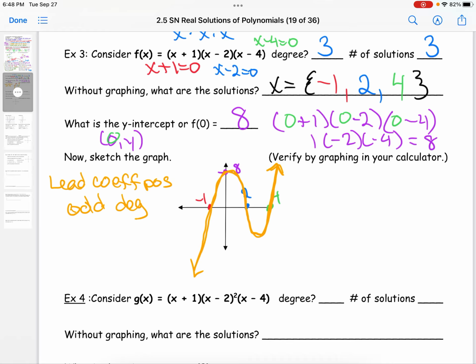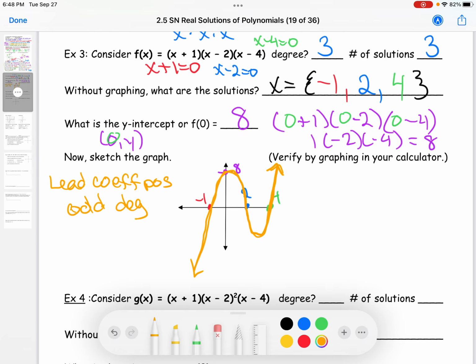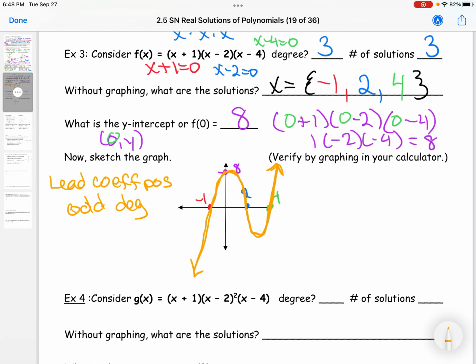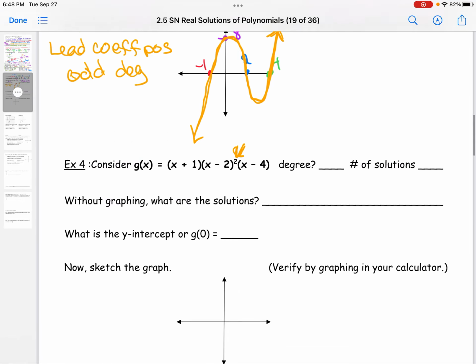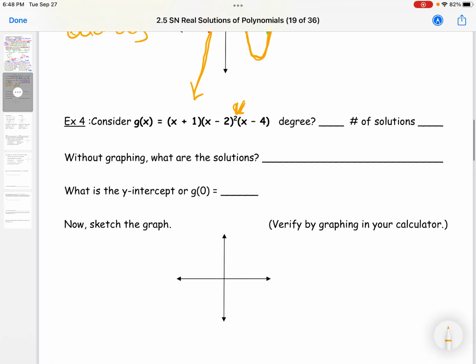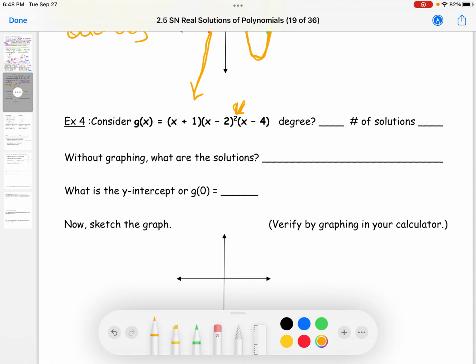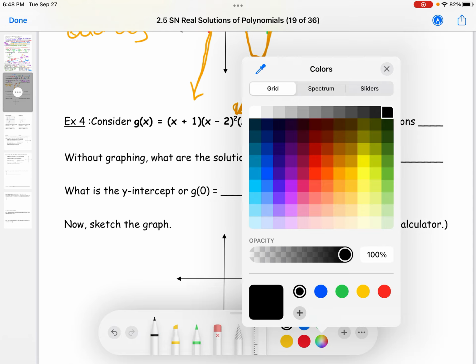So let's look at example 4, and let's talk about what changes. This power of 2 is the difference between example 3 and example 4. Okay, so this changes a little bit. In this problem, it changes the degree.